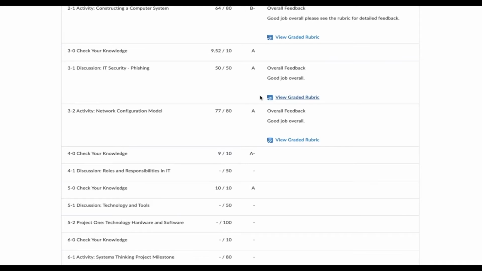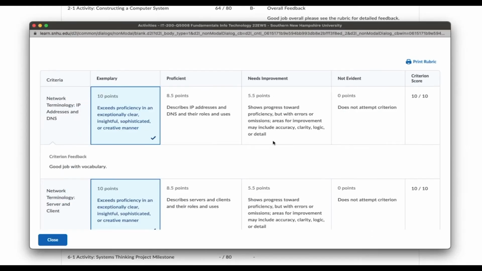So moving along, we had to do a network configuration model. That is 3.2, an activity that is required. What I did in mine is I went through and just broke down the choices that you had.